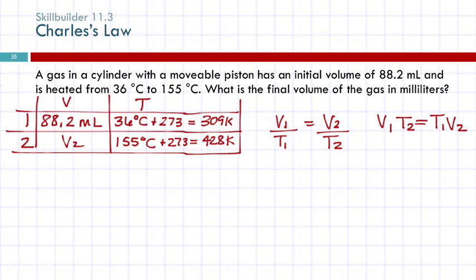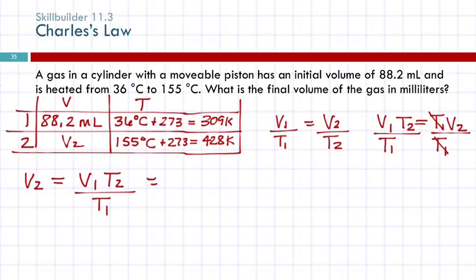So this time I'm solving for V2. V2's over here, so I'm going to divide by what's with it, the T1. T1 over T1 cancels out, and I have to do the same thing on the other side. So the new volume equals the original volume times the second temperature divided by the first temperature.